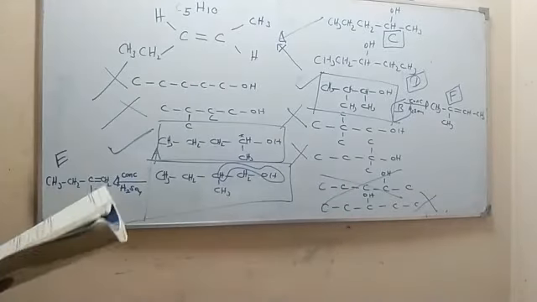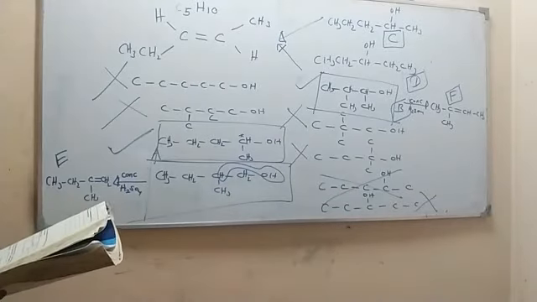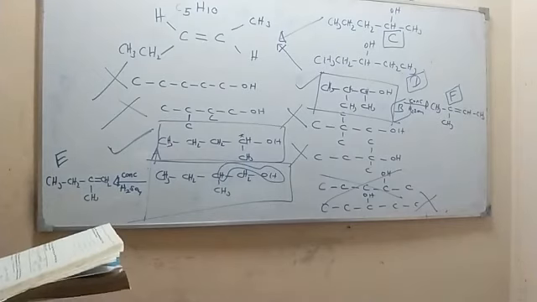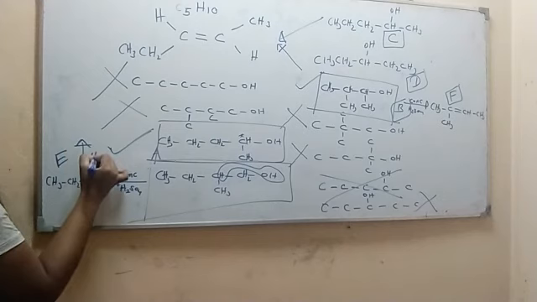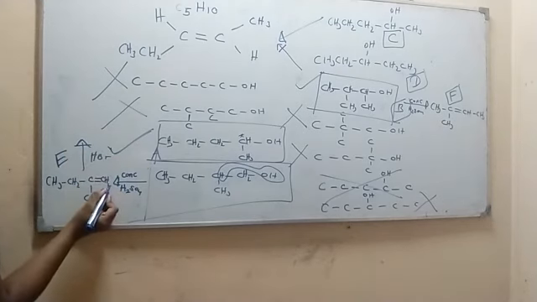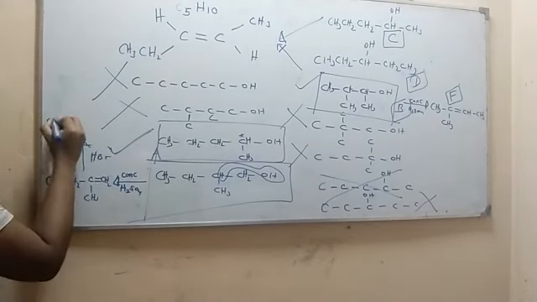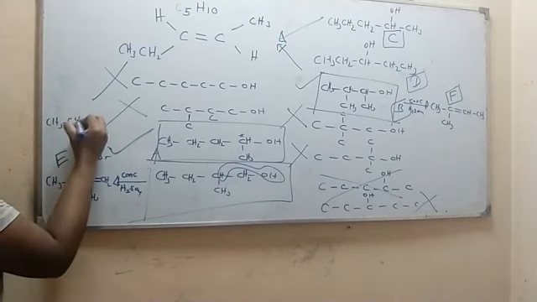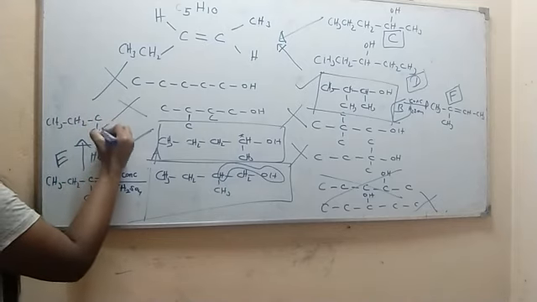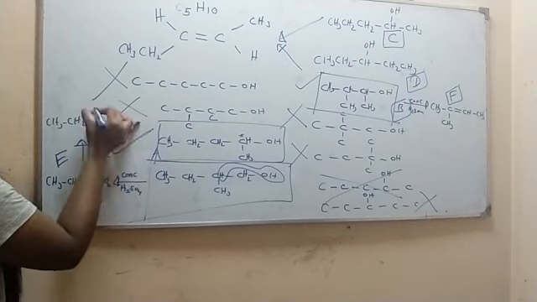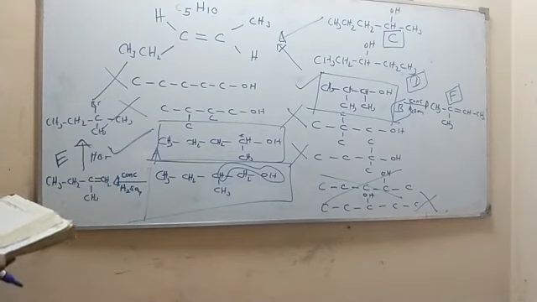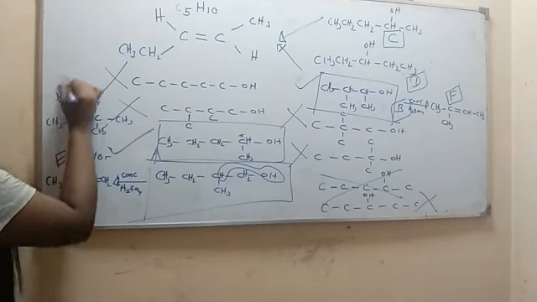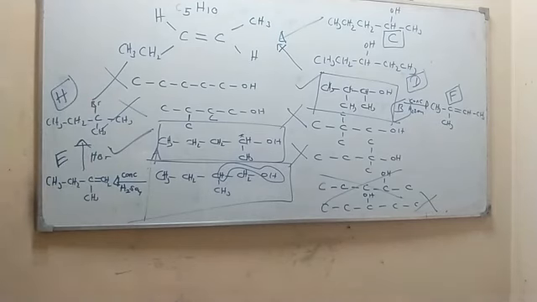Next, they are telling that when E and F are reacted with HBr, the same product H was obtained. So E I am treating with HBr, then what will be the product? HBr means hydrogen will come here, Br will come here, according to Markovnikov's rule. CH3, CH2, C, CH3 here, CH3 here, Br here. So this is my H. The same product they are telling you get when you treat with F also.